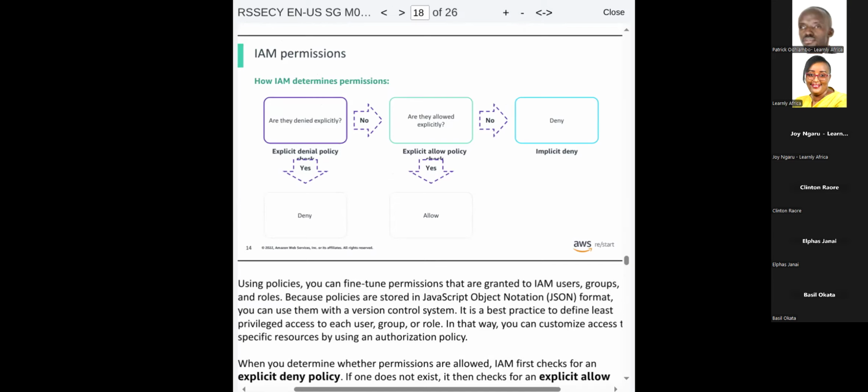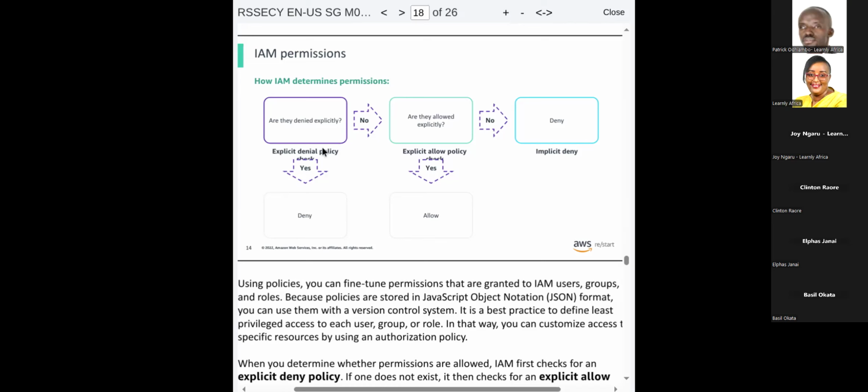So what are IAM permissions? IAM uses policy-based evaluation logic to determine whether a user, a group, or a role is allowed to perform a certain action. For example, it will ask itself, is there an explicit deny? If there is, deny completely.